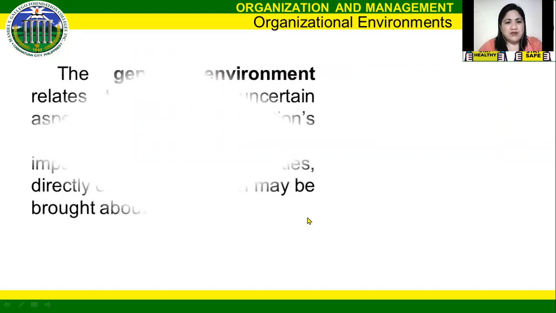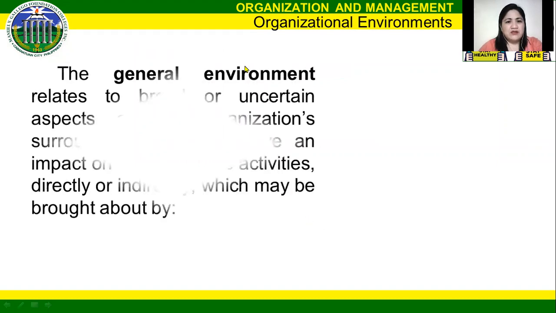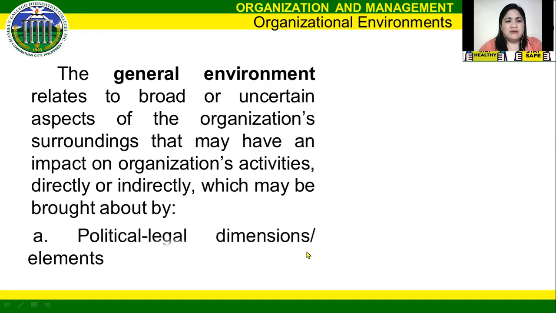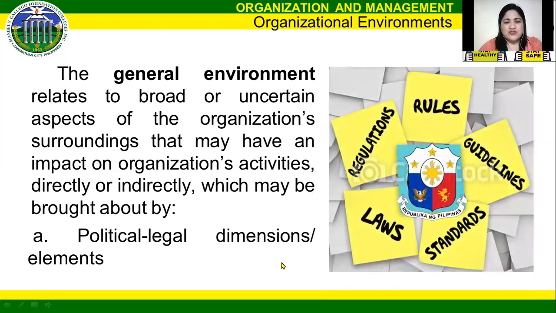So when we talk about the general environment, we are referring to the broad or uncertain aspects of the organization's surroundings that may have an impact on organization's activities, and this could be brought about by the political or legal dimensions.